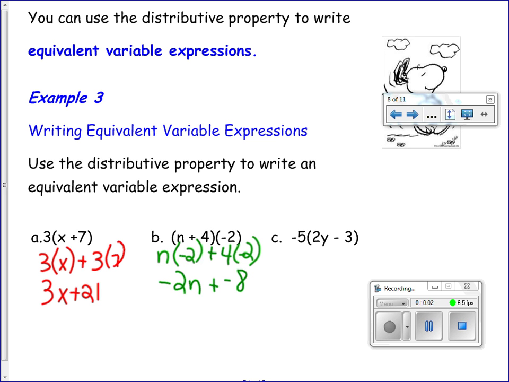Now, you're going to notice in B, this is adding the opposite. So we're going to simplify that by subtracting 8.